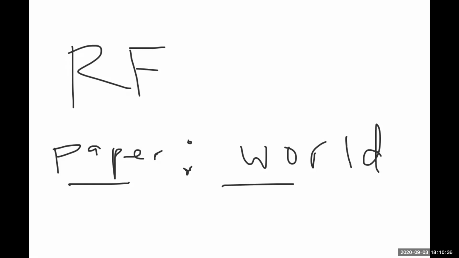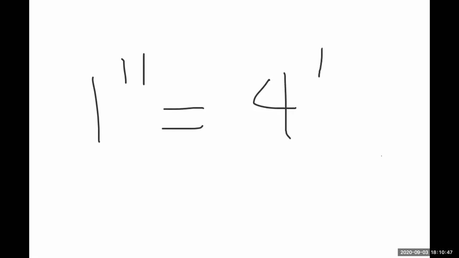So for example, if I have 1 inch equals 4 feet, okay? The double tick mark is inches, the single tick mark is feet. What do we know in terms of the ratio between inches to feet?